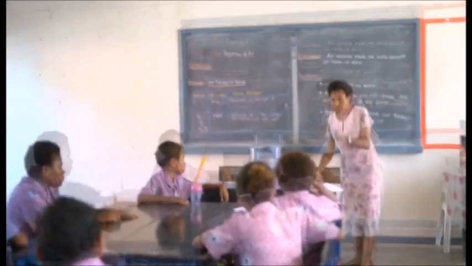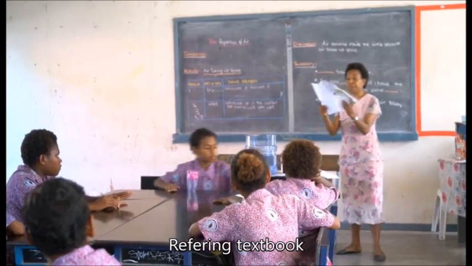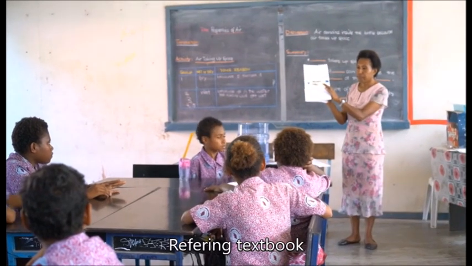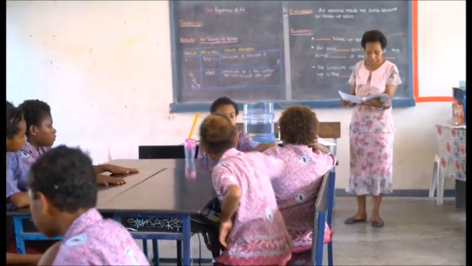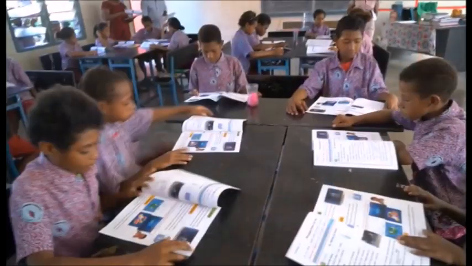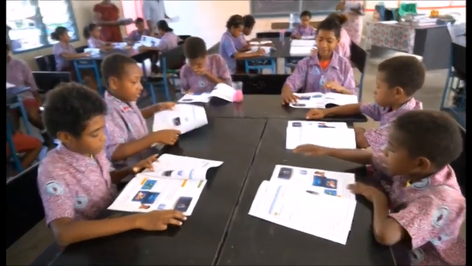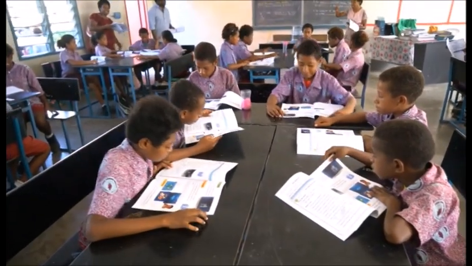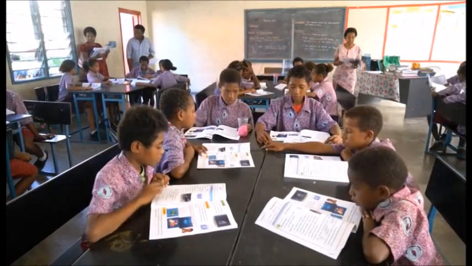Okay, good. On your desk, you will find this textbook. I'd like you to open to page 10. Can you see the picture of someone holding the container? Yes. Can you see how the container is placed? Yes.